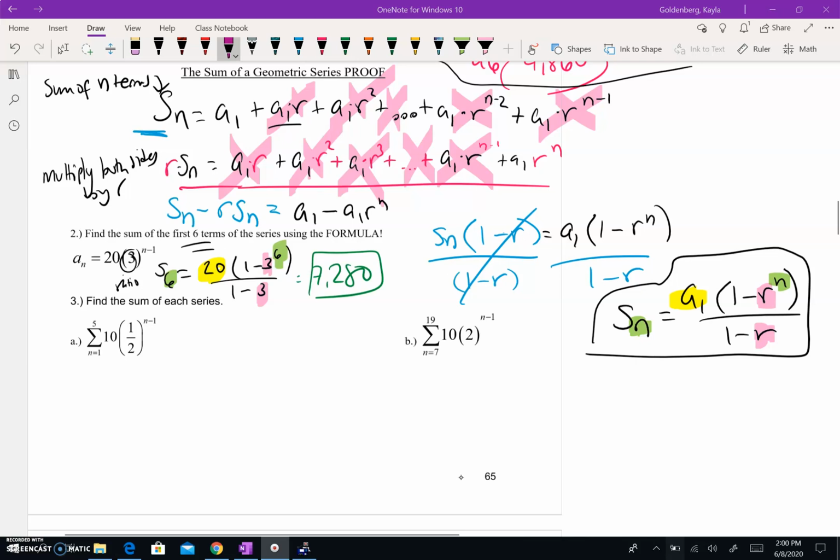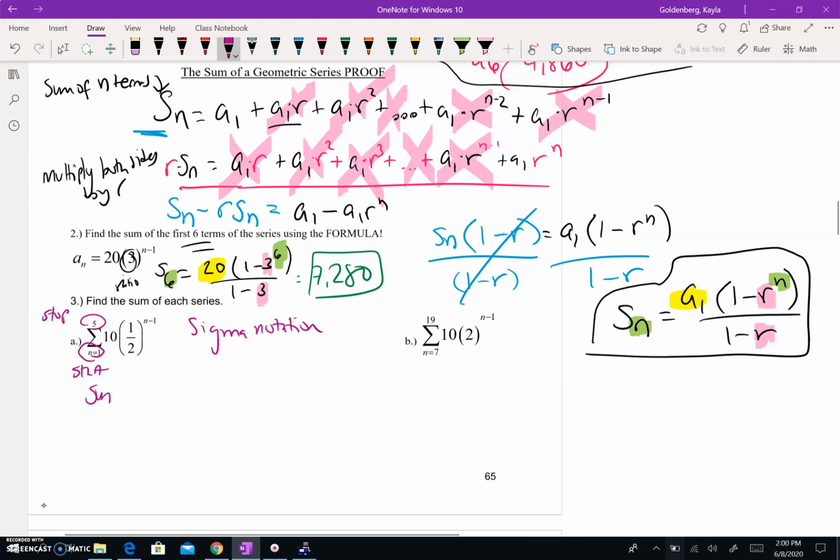So number 3 is also asking us to find a sum. It's using some notation that's called sigma notation. And this notation I haven't really seen at all coming up in competition problems. It's just a fancy notation that Algebra 2 uses. What it tells you is to start with the first term, stop at the 5th term.